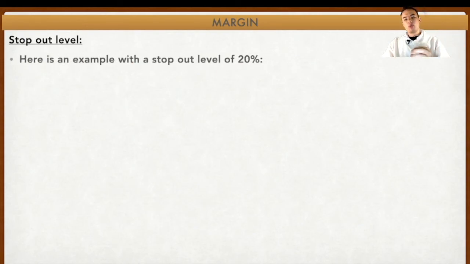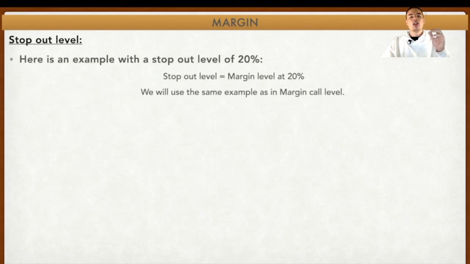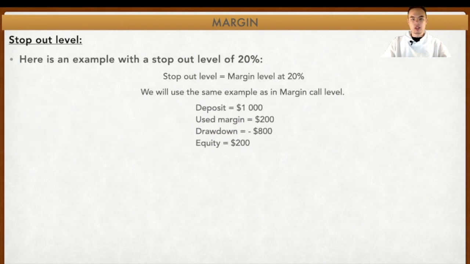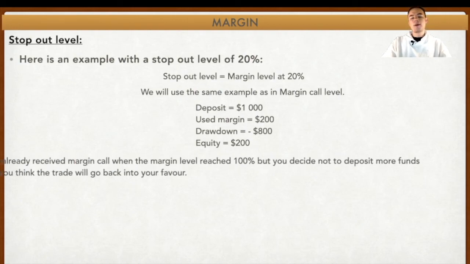Here is an example with a stop out level of 20%. Stop out level, margin level at 20%. We will use the same example as in the margin call level previously. You have a deposit of $1,000, your used margin is 200, your drawdown is minus 800, so your equity is $200.